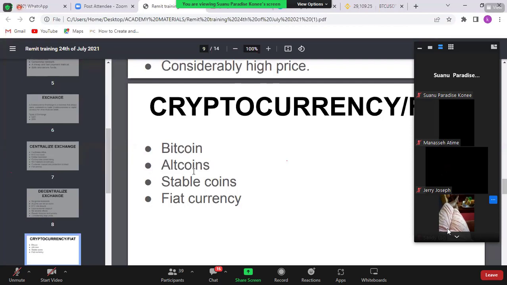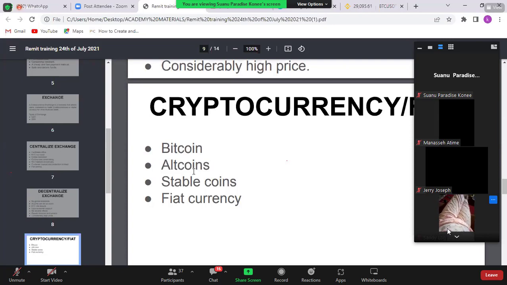Then we have what we call stablecoin. Now, what are stablecoins? Stablecoins are more like a safe haven. Remember, cryptocurrency is a volatile space where the price of an asset goes up and comes down. If the price of an asset goes up, you are making profit. If the price comes down, you are making less, right?